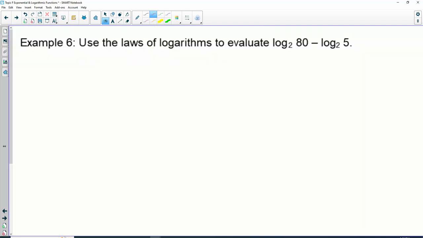If I asked you to evaluate log base 2 of 80 minus log base 2 of 5, if we don't use a calculator, we have to first condense these. So if two logs are subtracted, you can put them together by dividing the arguments.